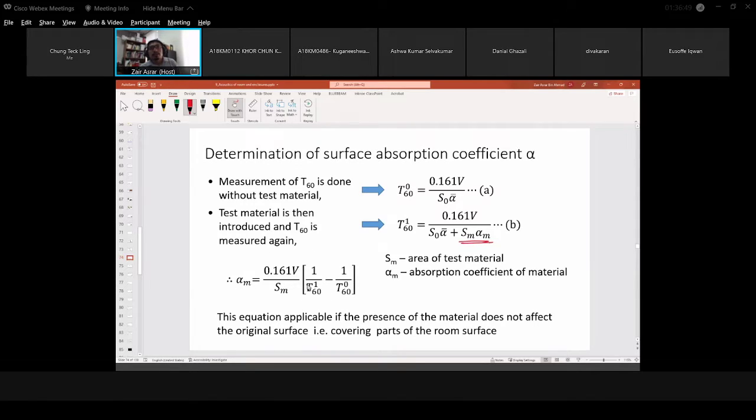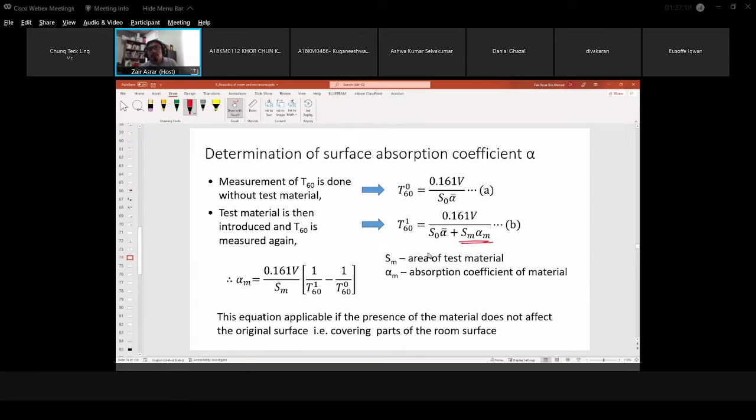Okay, so T60 with a subscript 1 is the reverberation time with the material, and T60 with a subscript 0 is the reverberation time without that material. We can use this if we ensure that the material is not covering a portion of the reverberation chamber. If it is covering the floor or the wall, then the total absorption of the chamber will also change.